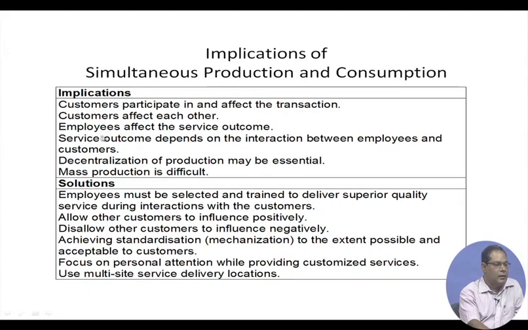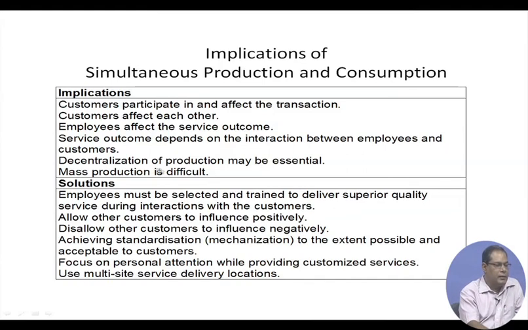because the employees always have to be there for the interaction between them and the customers for production and consumption of service. Service outcome depends on the interaction between employees and customers. So, if the interaction between employees and customers is good, then the service outcome is also going to be good.